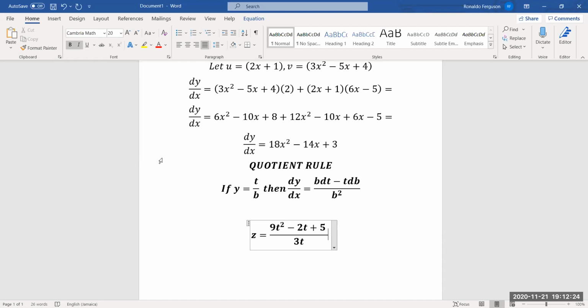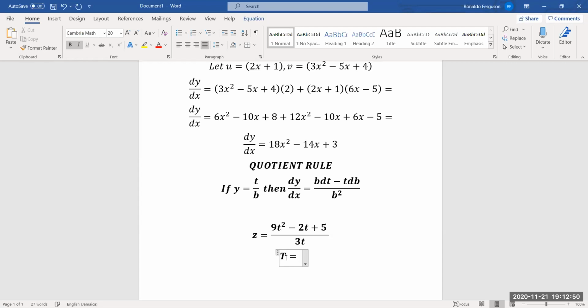So now, to find dz by dt, you're going to write down your top. The top part of this, what's the top part? Let me call it a different letter for this case.